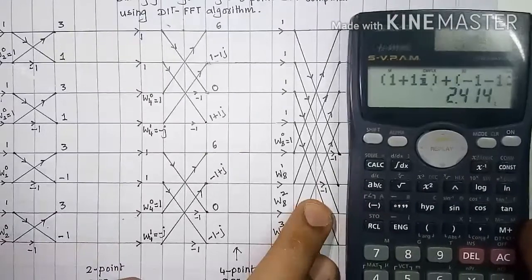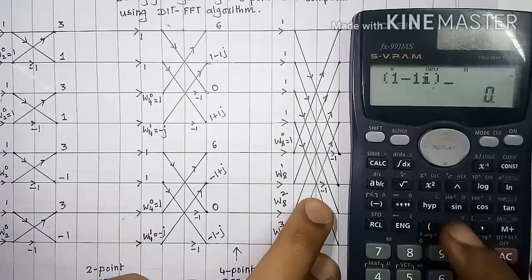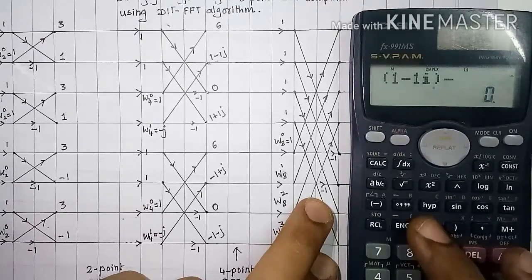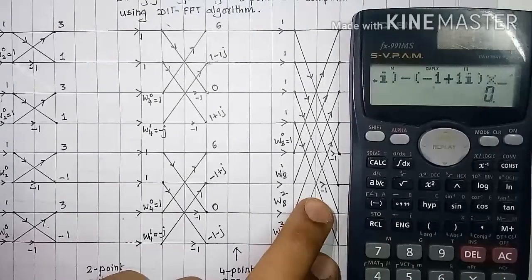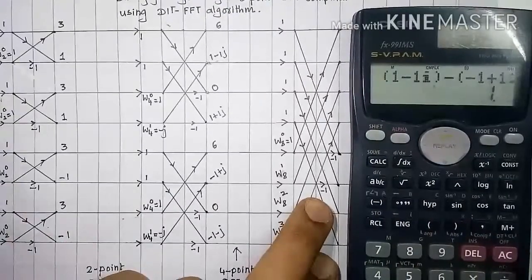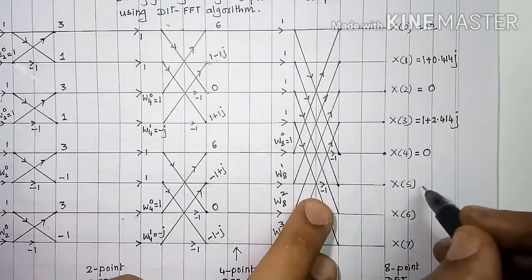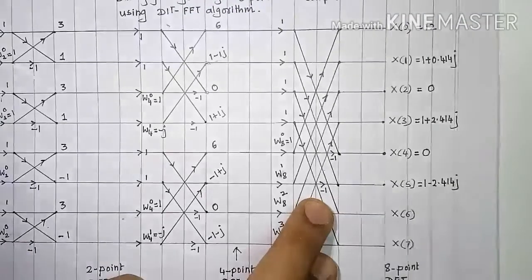So make use of calculator. 1 minus 2.414 j.